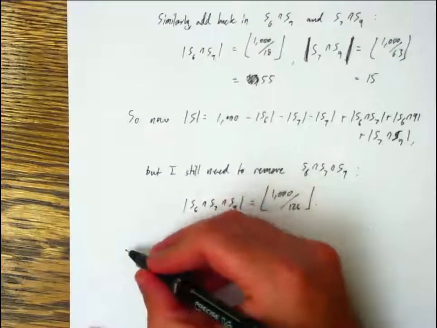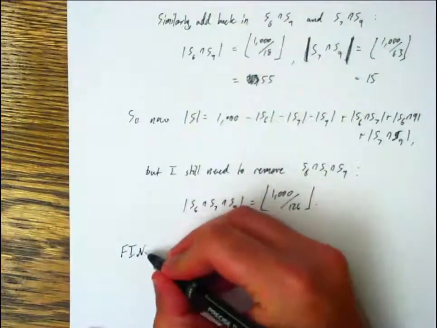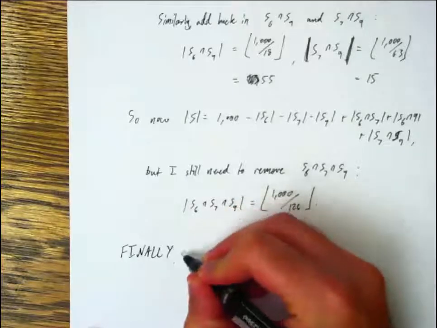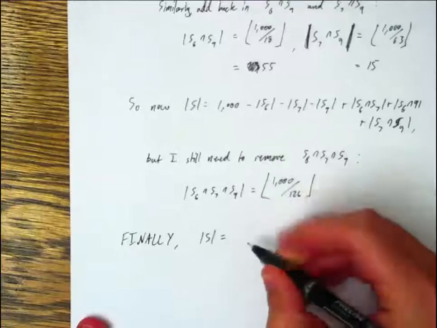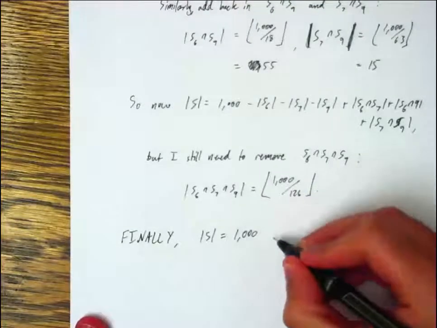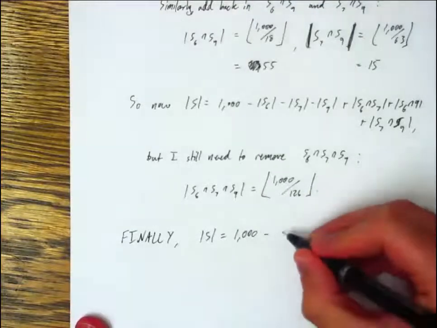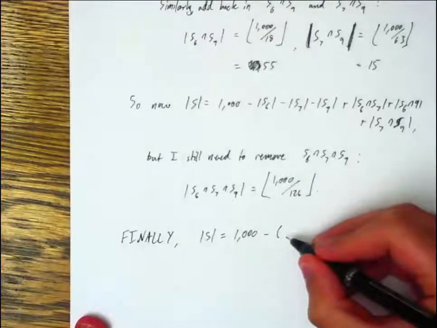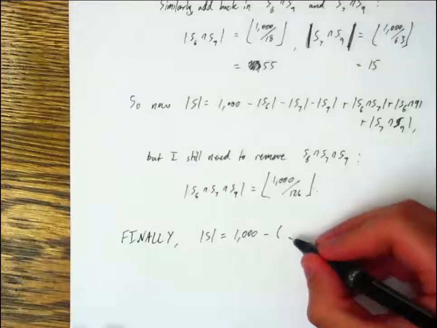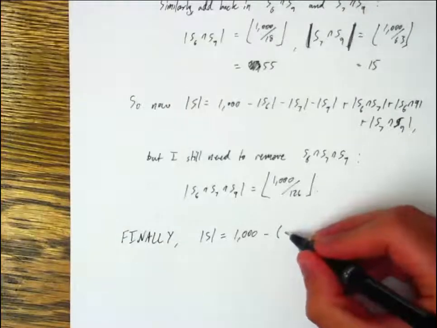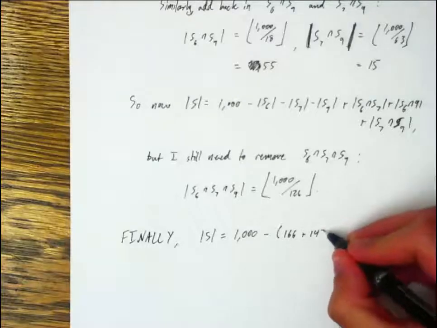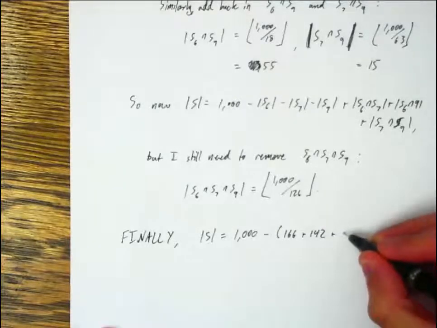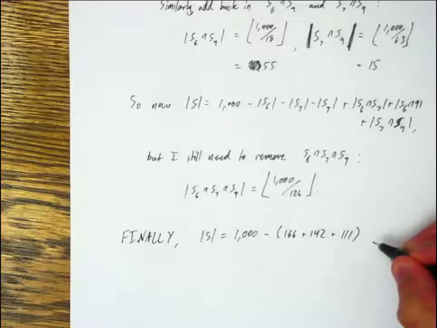So, the final count. Finally, we have the size of the numbers that we want to count. It's all of the numbers that I could have counted, minus the sum of the individual, like the singleton sets, the ones that are divisible by 6, 7, or 9. So there's the 166 from S6, the 142 from S7, and the 111 from S9.